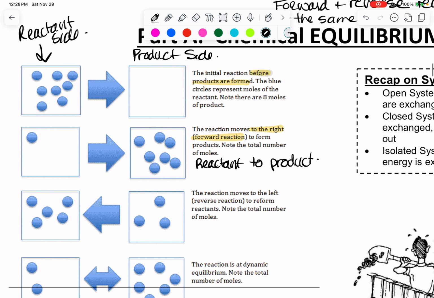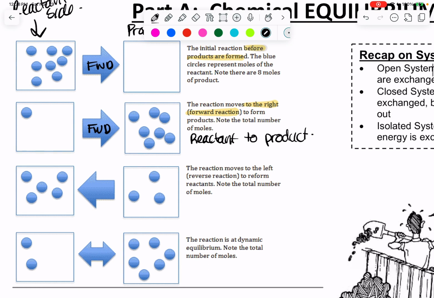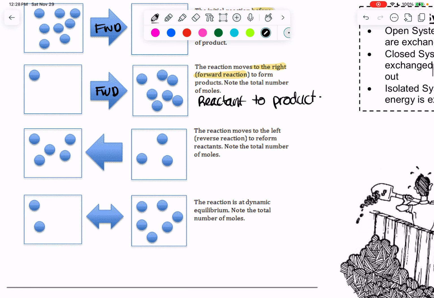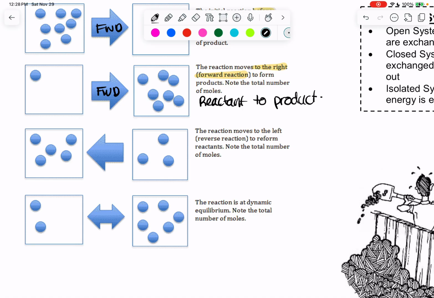I'm just going to write FWD. FWD means forward. When that has reached the maximum that it could possibly reach, the reaction's going to start moving towards the left. It moves in the reverse reaction, and this happens to reform those reactants.